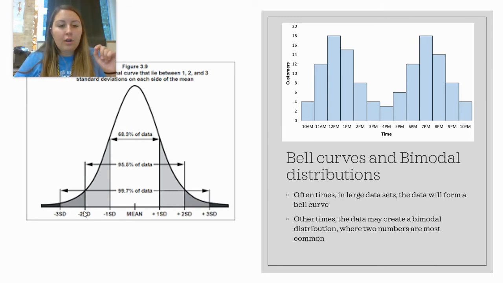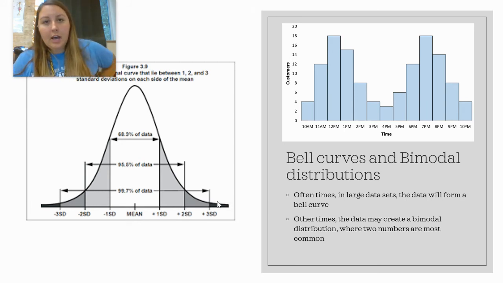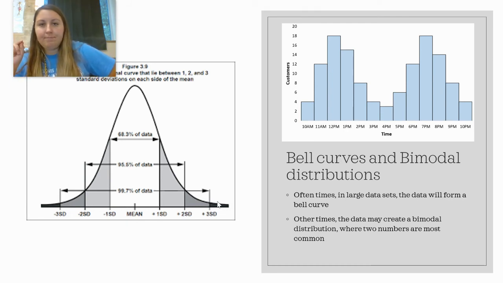If you score within two standard deviations, that means 95% of people are going to fall within that range. And then within three standard deviations, 99.7% of people are going to fall within that range. So that's why, if a person scores above a 130, which is two standard deviations above the mean, they're considered a genius because they are in the top 2.5% of IQ scores.